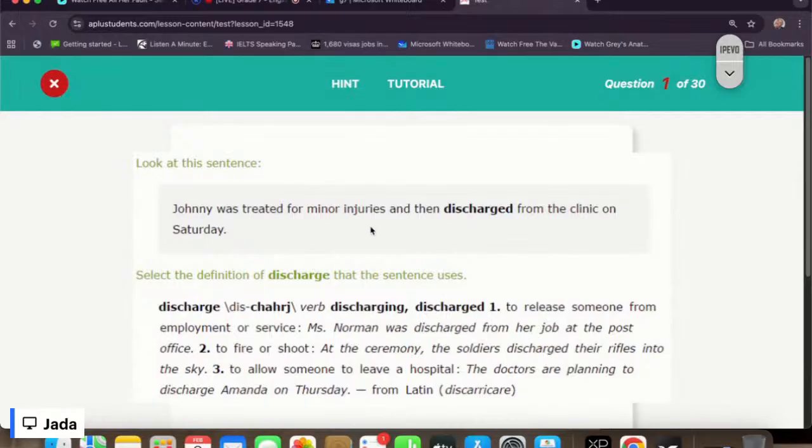So Johnny was treated for minor injuries and then discharged from the clinic on Saturday.